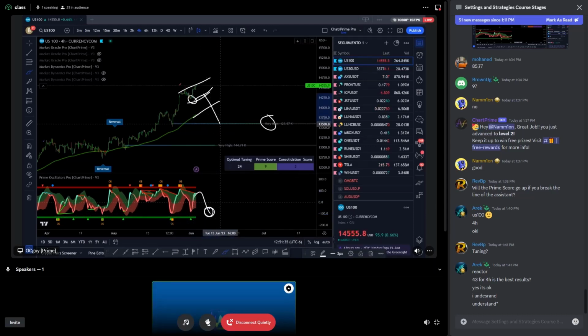So it could be the first retrace there. It's not set in stone. Remember, I am forecasting so far into the future that we need to redo the analysis once we get there, right?